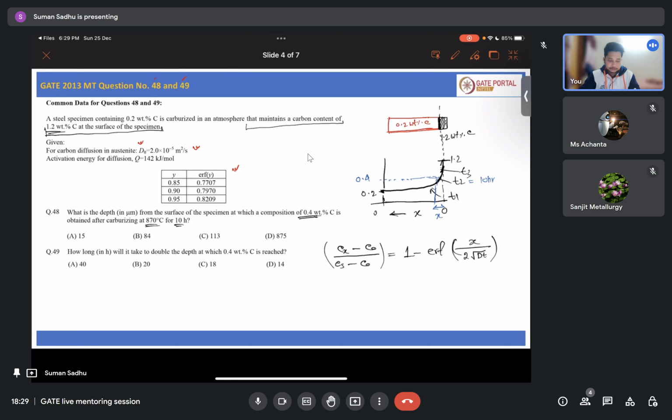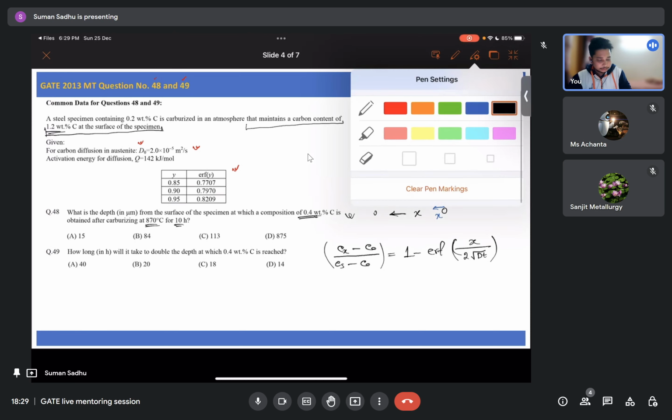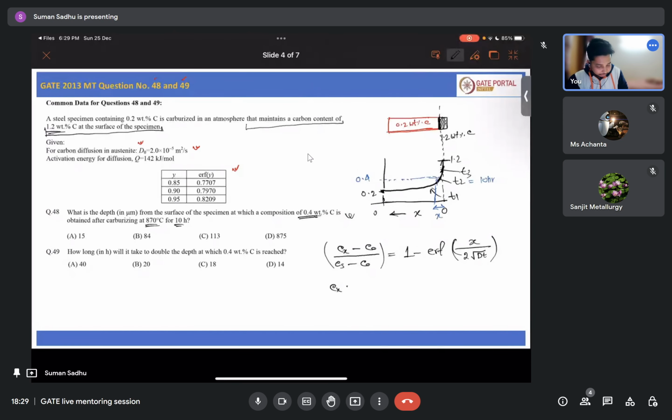So in the first question, your Cx is also given. Cx is 0.4%. And what is C naught? And what is Cs? Sir, it's 1.2. Which one is 1.2, C naught or Cs?